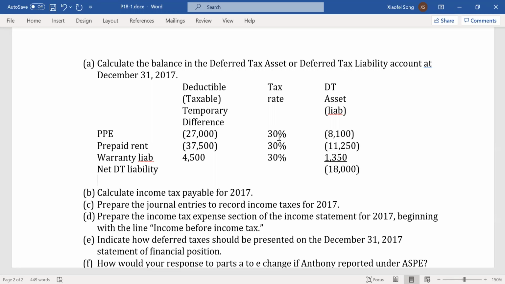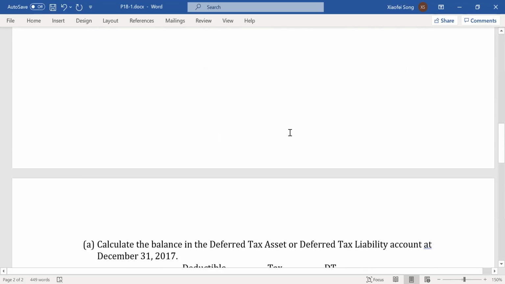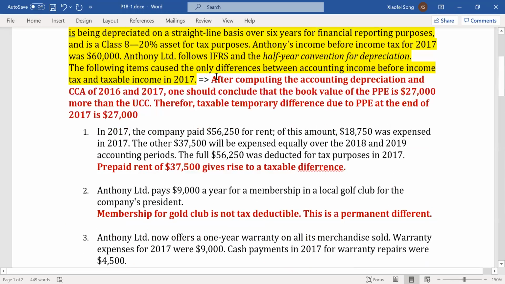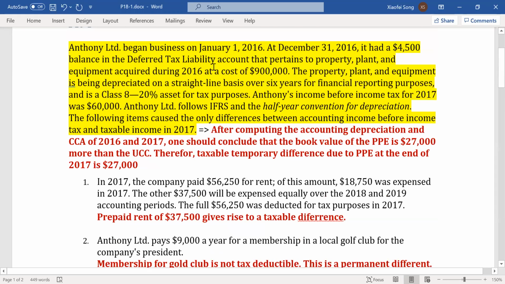So now we have multiple items and we did all that. We know the balance sheet should be this. However, there was already a balance at the beginning of 2016, where the CCA is different from depreciation. As a result, there's already a deferred tax liability of 4,500.